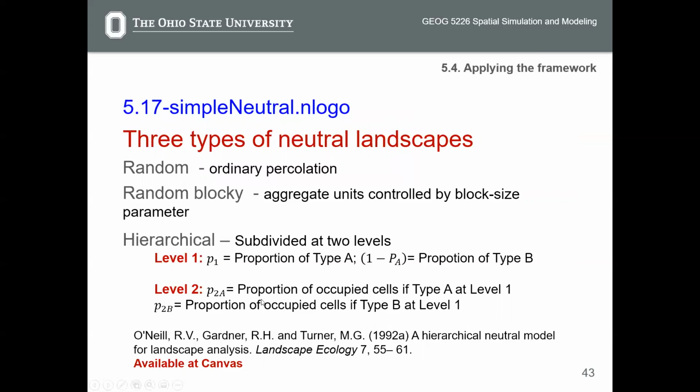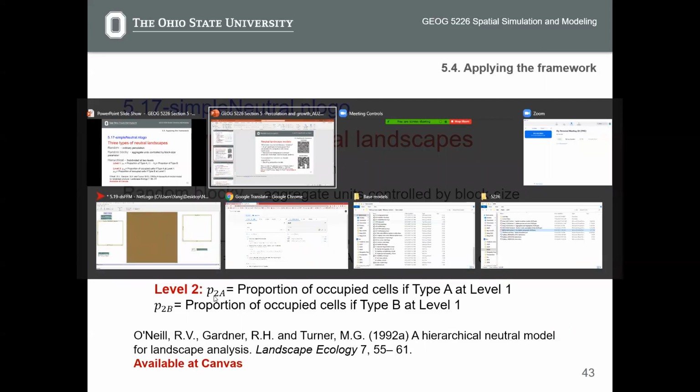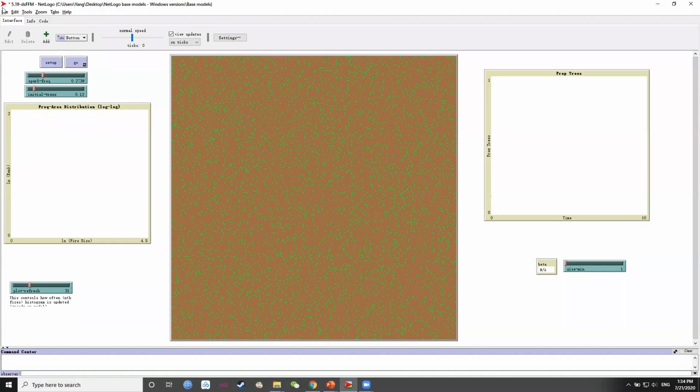And at level 2, within each type, you can also assign a specific p-value to address the proportion of occupied cells within that type. P2A and P2B are the two p-values within type A and type B. Okay, model 517. Let me show you that.